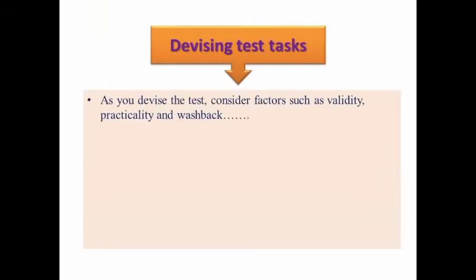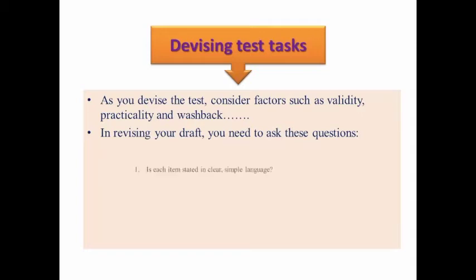Devising test tasks. As you devise the test, you need to consider factors such as validity, practicality, and washback, because these may have an effect on the results of the test takers. Now that you have made your first draft, you need to ask these questions. The first one: is each item stated in clear, simple language?